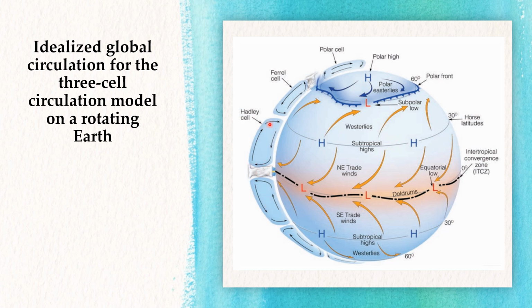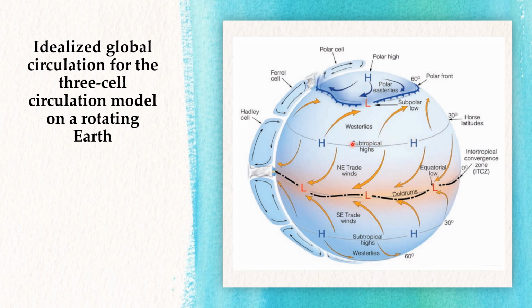This is the Hadley cell, this is the Ferrel cell, and this is the polar cell, which happens in the polar region. It is labeled here, and this is what we call the polar front, where the warm and the cold air converge.